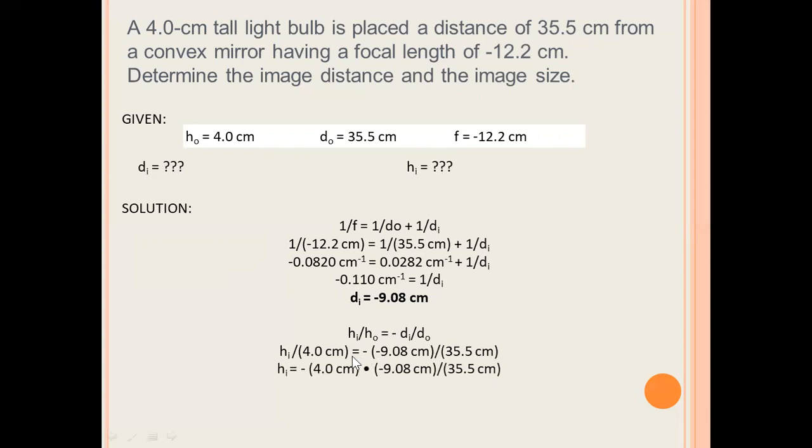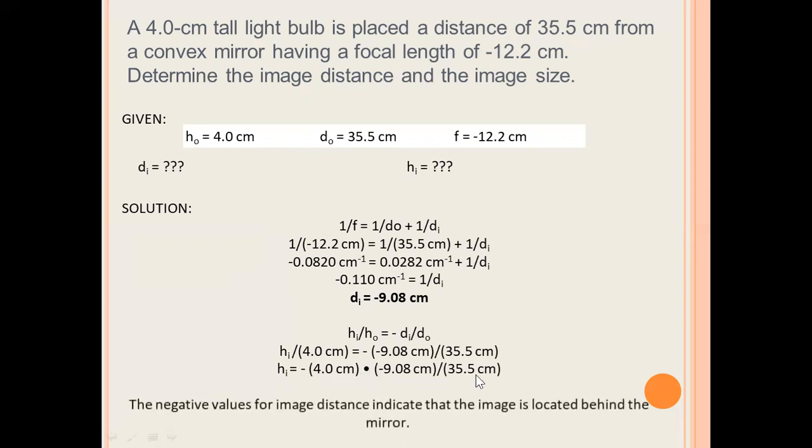If we cross multiply the 4 to the other side of the equation, this gives us negative 4 centimeters times negative 9.08 centimeters over 35.5 centimeters. Solving for the height of the image, this is equal to 1.02 centimeters.